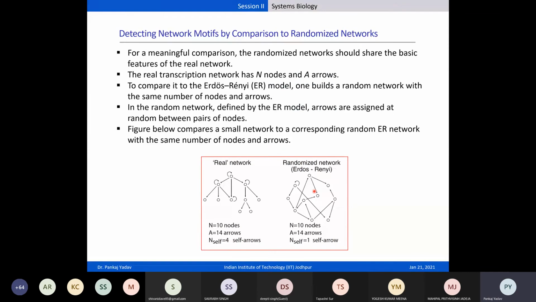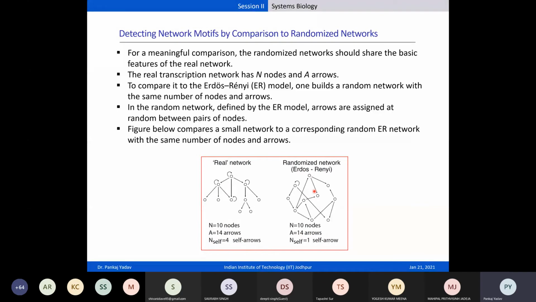The natural question that can cross our mind now is, how do we identify or detect these motifs? One possibility is that we compare these network motifs to randomized networks.